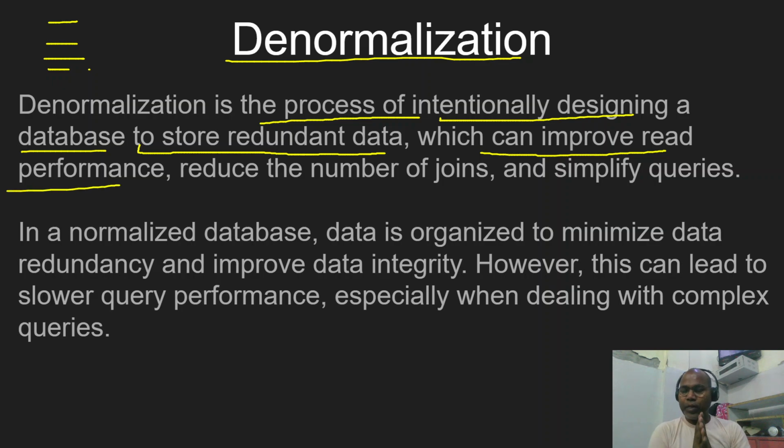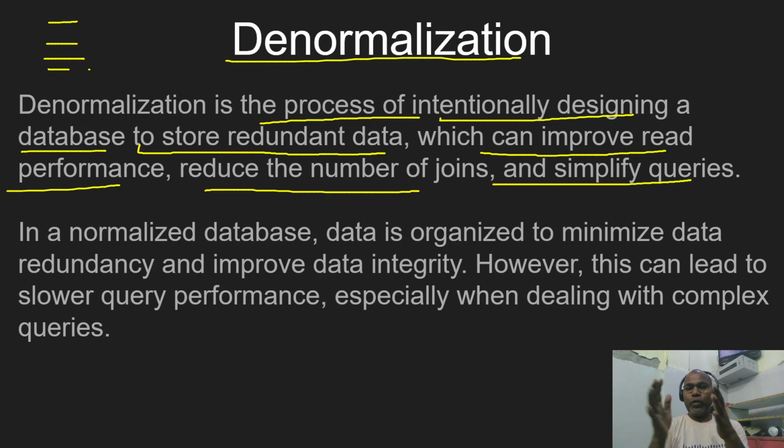The overall objective of denormalization is to improve my system's read performance, reduce the number of joins, and simplify the query. There is no need to join multiple tables, which also makes our query very simple.